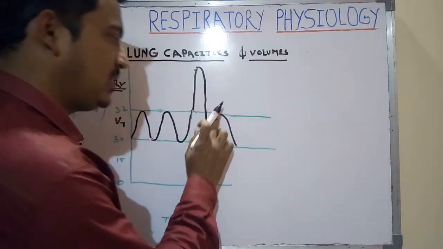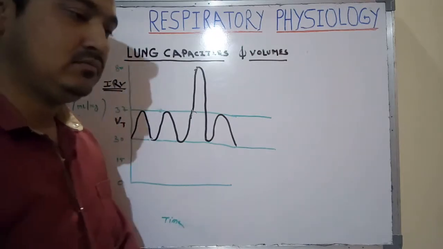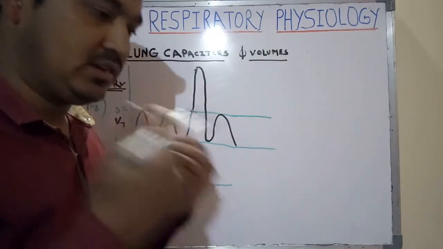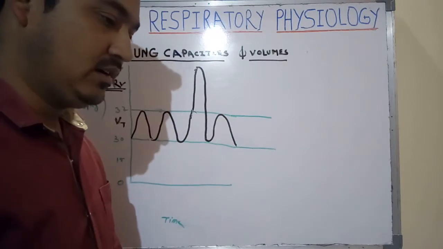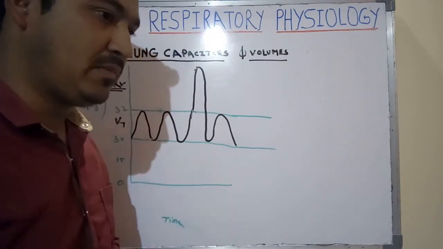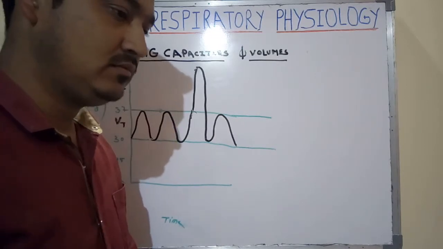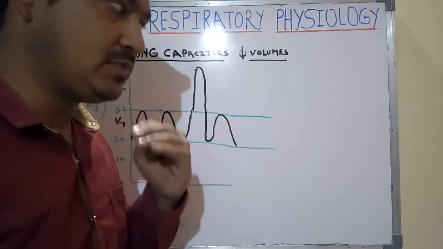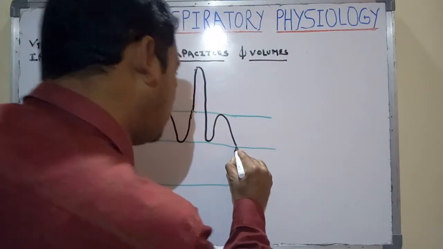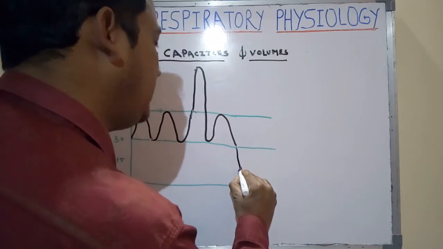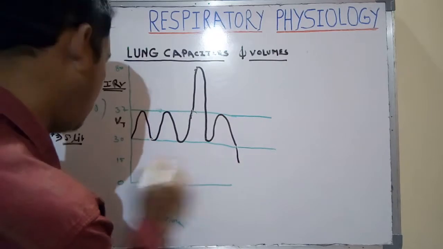Now after inspiration I have expired a similar amount, but stop here like this. This is normal breathing. Took 500, expelled 500. But even after expiring this normal amount, if I go on expiring further like this, then this expiration will continue up to this value.